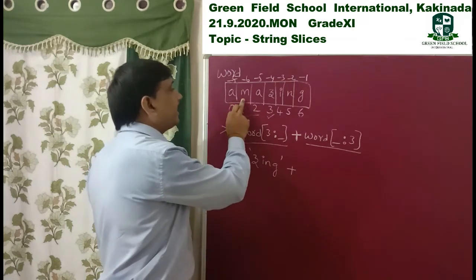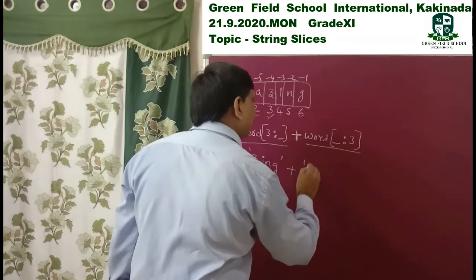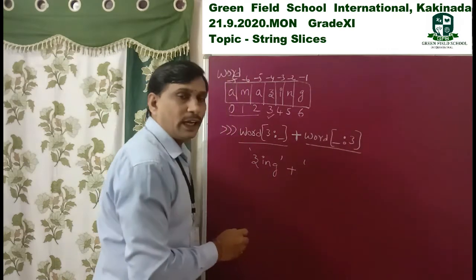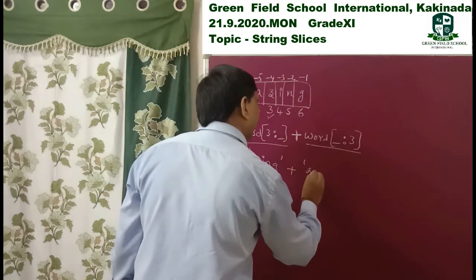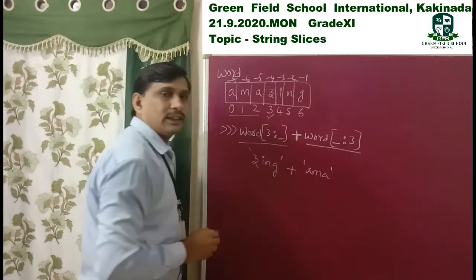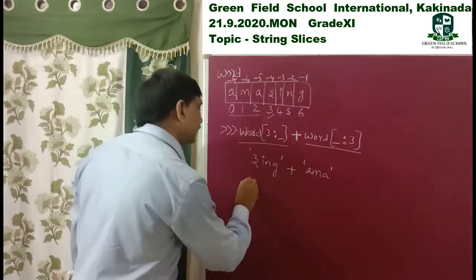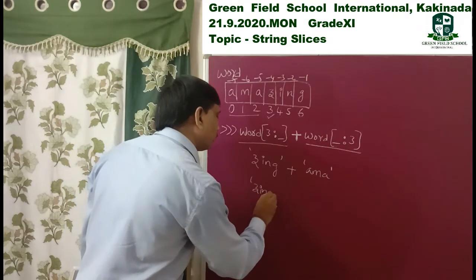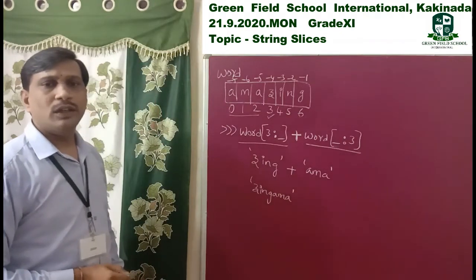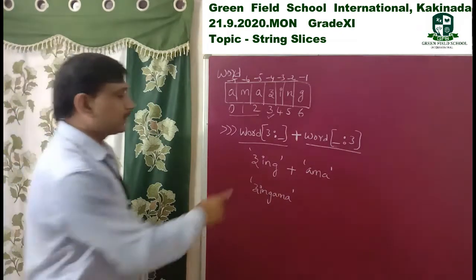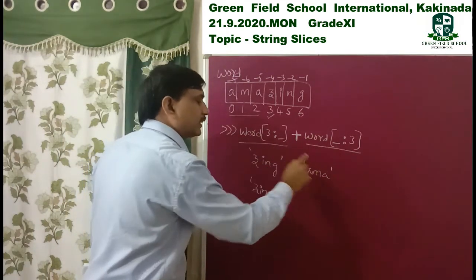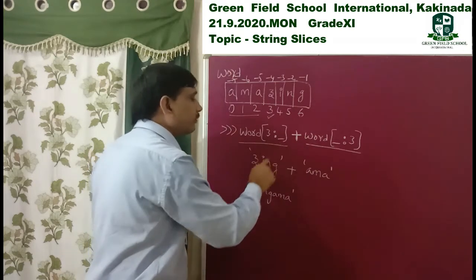So I consider A, M, A. The output of word of, where we do not specify the lower bound and specify only the upper bound, is A, M, A. Then we concatenate these two, string 1 plus string 2. This returns one string, and that returns one string. So it depends on the given values.